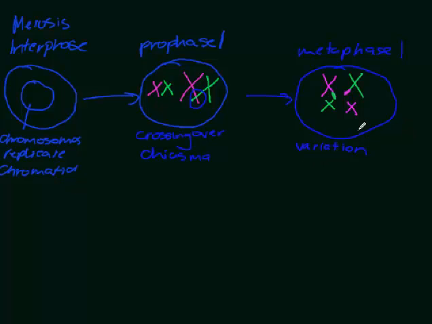Now at the same time as they are lining up, we see spindle fibers. Now these spindle fibers come from what we call a centriole, and the centriole extends from both sides. Okay, so a centriole. And they're little cylinder-shaped objects.